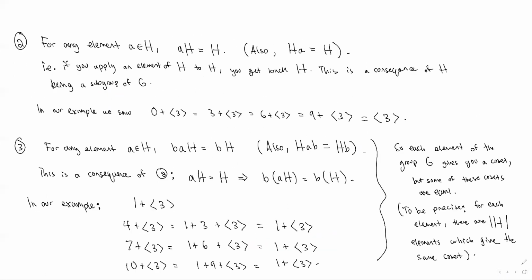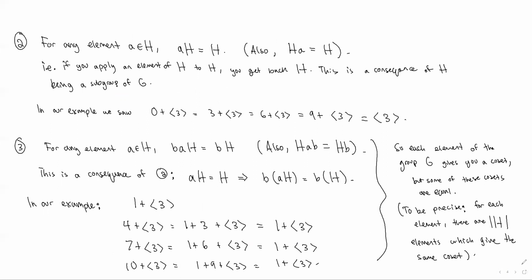Maybe I should have written it differently. All these facts are if and only ifs. If two cosets are the same, that means those two elements differ by an element of H, and vice versa. I only wrote one direction here.